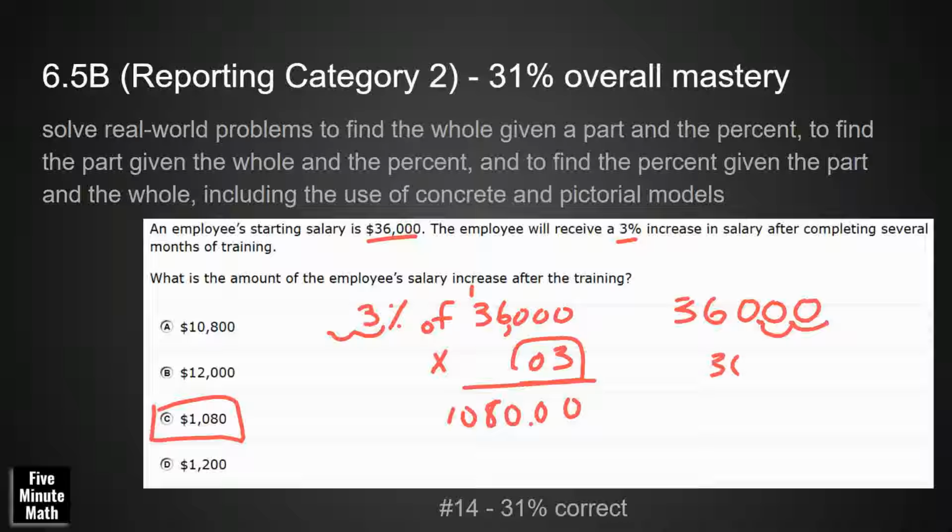So 360 equals 1%. Now you might be thinking, how does that help me? I don't want 1%. Well, if I multiply that by 3, I'm going to get 3%. So if I multiply this by 3, you're going to end up getting the same thing, 1,080. So sometimes you could do it that way as well. All we're looking for is 1,080.